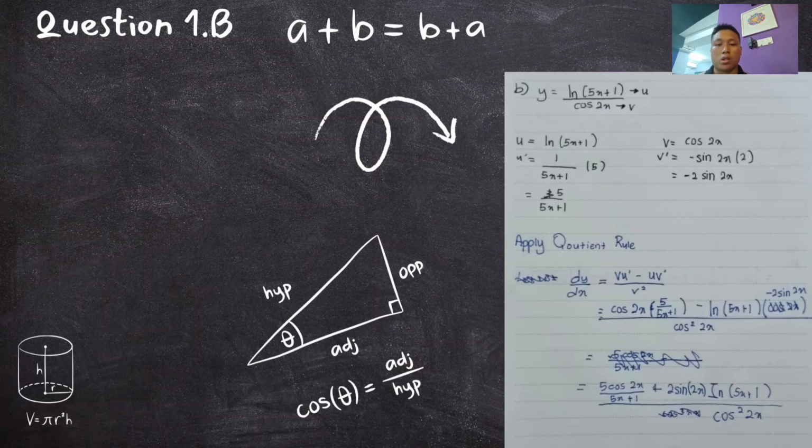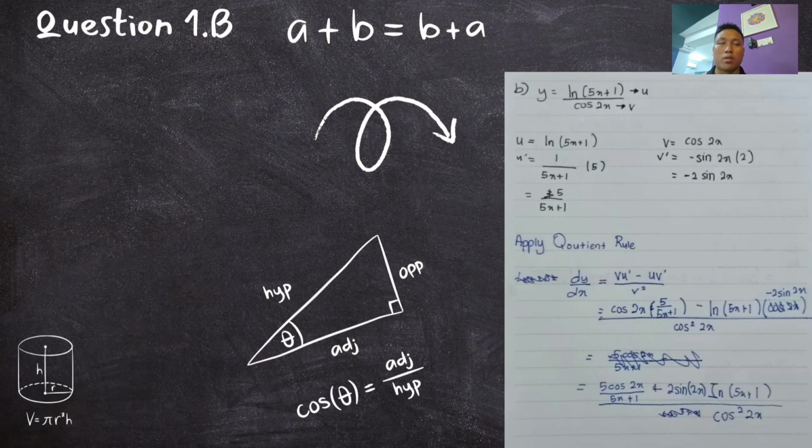Alright, let's move to question B. For question B, we apply the same method, using the chain rule, which results in u prime equals 5 over (5x plus 1), and for v prime, negative 2 sine 2x.